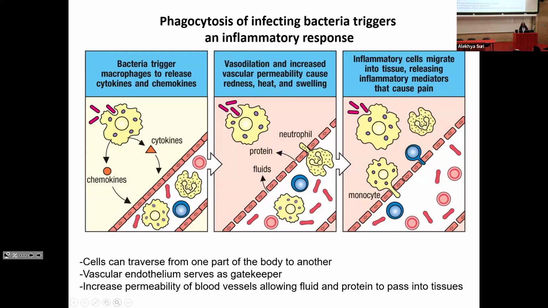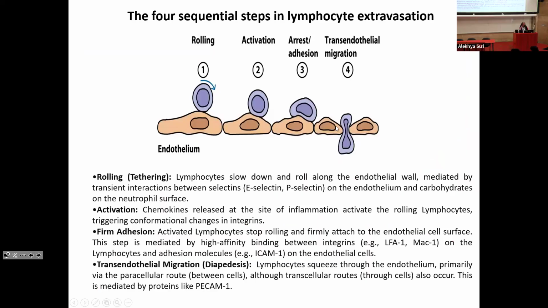This process is called migration or lymphocyte extravasation. This is an example of a lymphocyte, but all immune cells, macrophages, neutrophils, all use the same process or mechanism to get out of the blood. There are four distinct steps that are used.